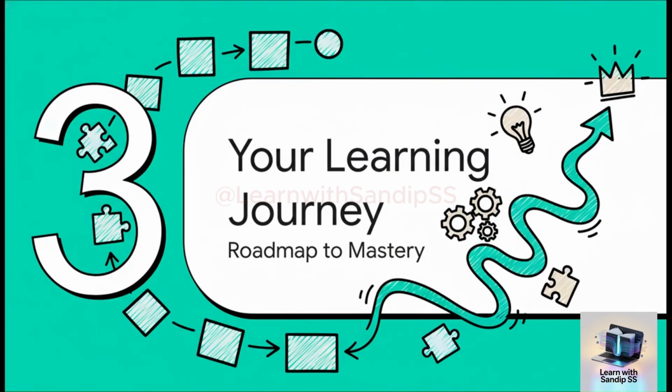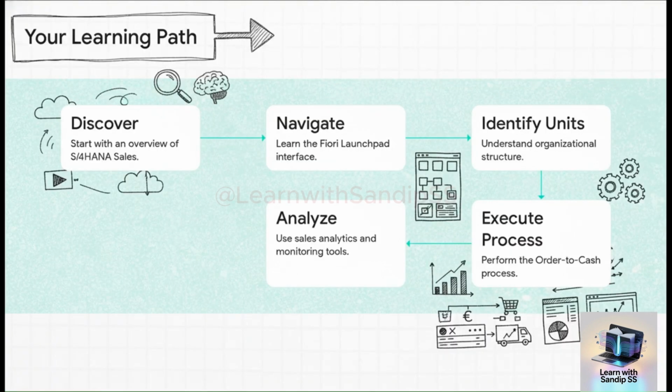All right, so we've covered the what and the why. Now let's get to the how. How do you actually go about learning this thing? Because it's not about just memorizing a bunch of buttons and menus. It's about following a smart, structured path that leads you to really mastering it. And this is your roadmap right here. It's laid out perfectly. You're going to start with just discovering S4HANA Sales, getting that 30,000-foot view.